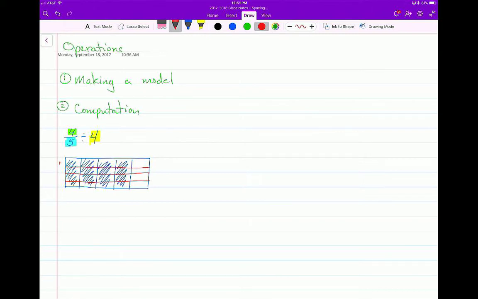So 1, 2, 3, 4. And this denominator said 5 columns going down. So 1, 2, 3, 4, 5. This gives me the representation that I need for a model for this expression.